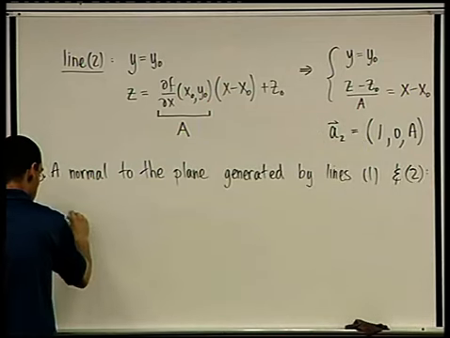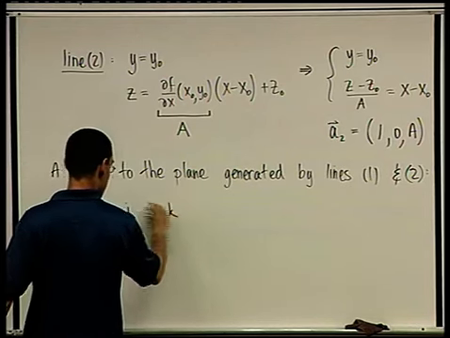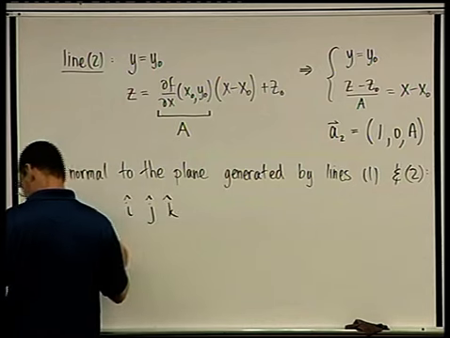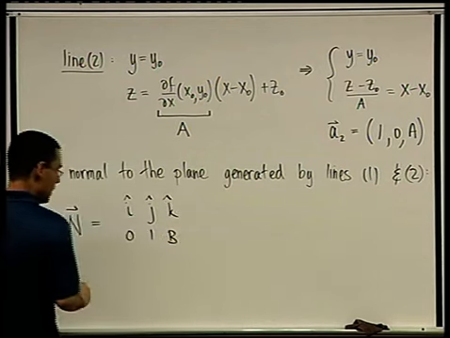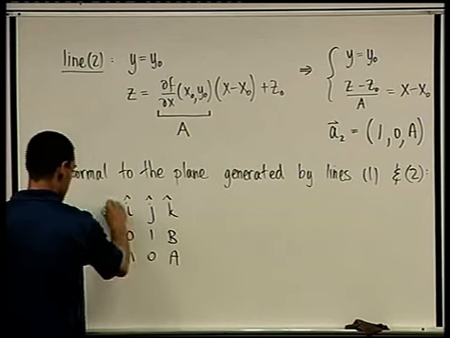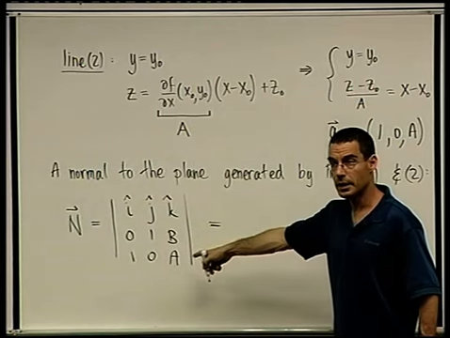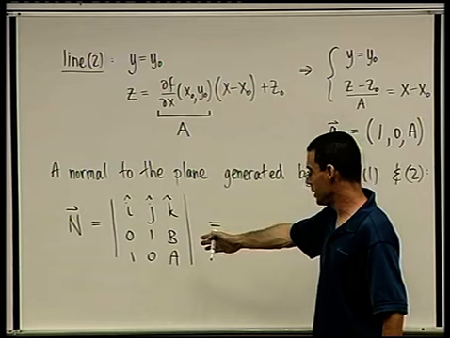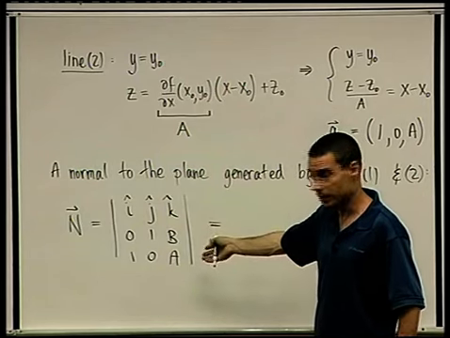Let's call it n. So n would be i, j, k times, what was it? 0, 1, b was the direction vector of line 1, and 1, 0, a is the direction vector of line 2. Do you agree? Right? It's the vector product of the two direction vectors.